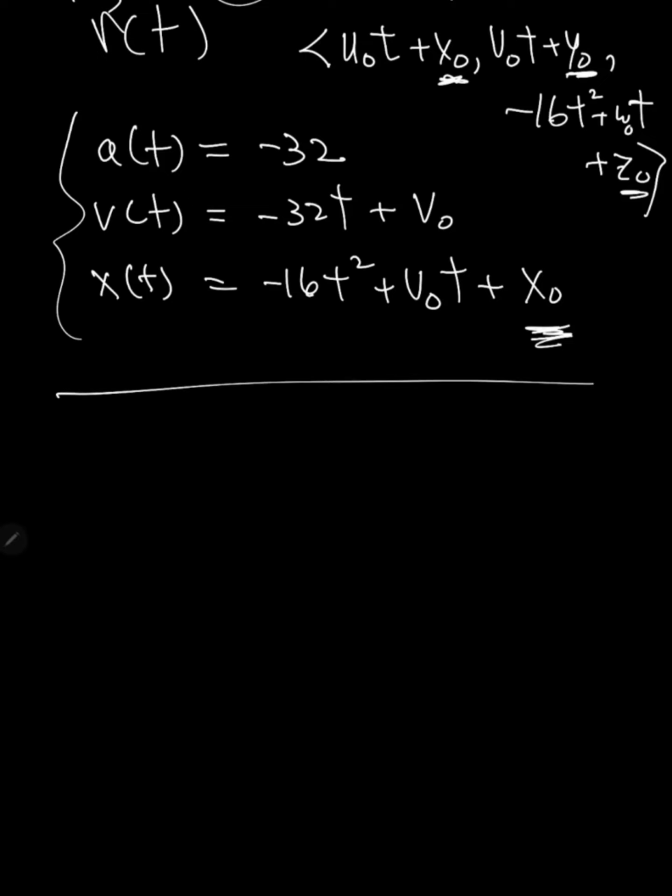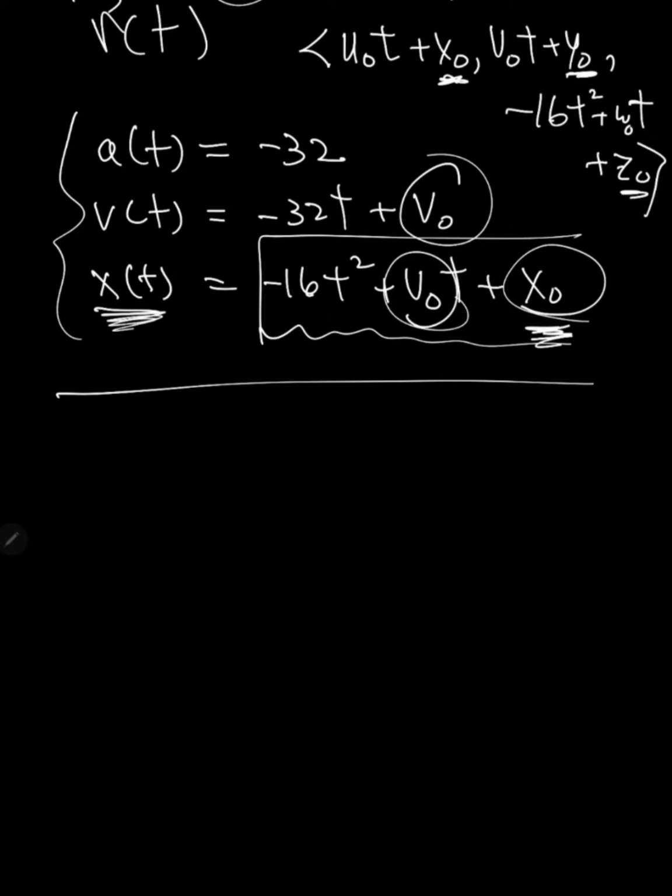In that case, you're trying to figure out when x of t is equal to 0. All the information that I gave you, throwing from a 100-story building, throwing upwards with some initial velocity, gives you v0 and x0. And so now all you have to do is solve a quadratic equation to get when the ball hits the ground, when this is equal to 0.